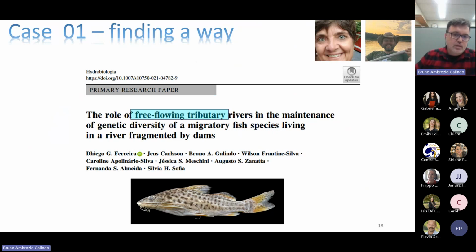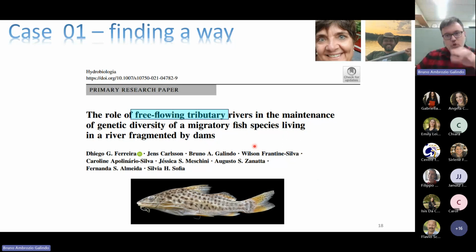The first case, this research was carried out by Diego during his PhD in collaboration with Dr. Sofia from another university in our state, the State University of Londrina. In this research project, we were interested in analyzing the genetic relationship between reservoirs and its free flow tributaries.